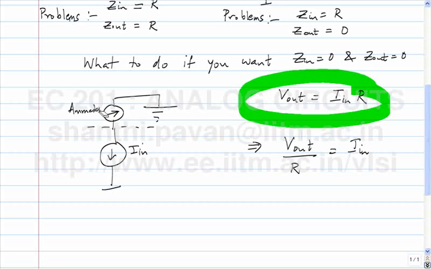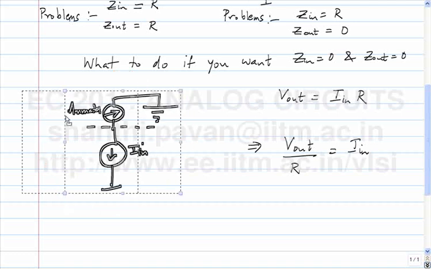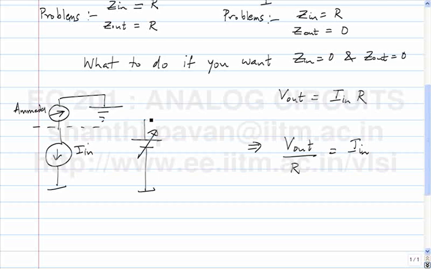I have a variable voltage source, and what would I do? You compare the variable voltage source with I n times R. But if you want to generate I n times R, you have to pass I n through R, which is not allowed, because the moment you pass I n through R, the looking in impedance for I n becomes R.